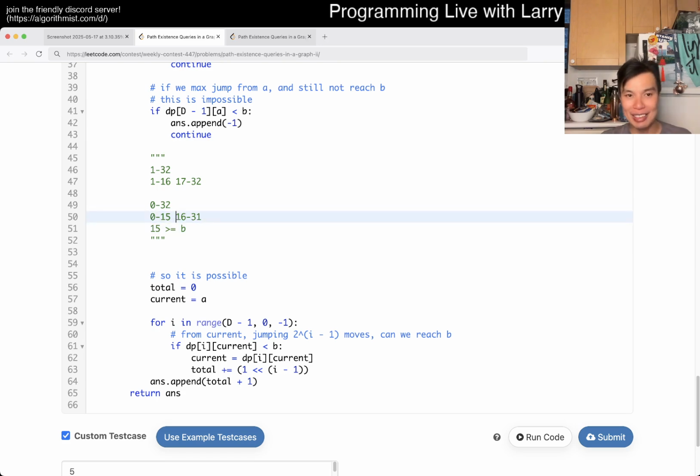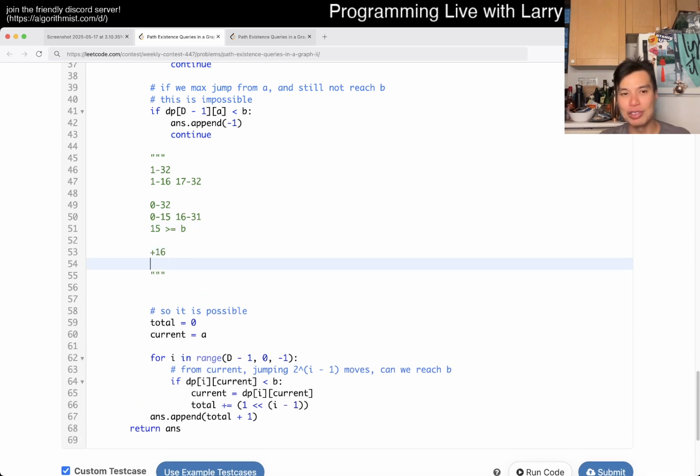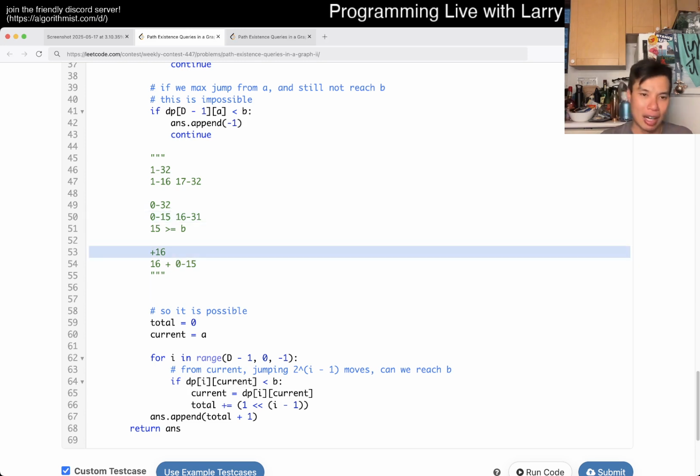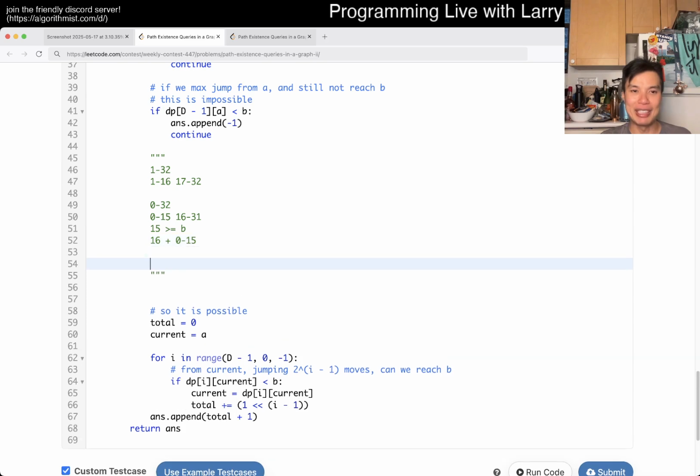But the thing is that the way that I wrote it this way, if I jump for 15, I still jump to 16, right? Because if you, let's say, this is good or this is no good, so you have to jump. You still jump to 16 because then now you're able to answer 0 to 15, right? Because it's 16 plus 0 to 15 because now your queries are from 0 to 15. So the way that I end up doing it is that I just create a second jump table that basically gives me all the numbers.